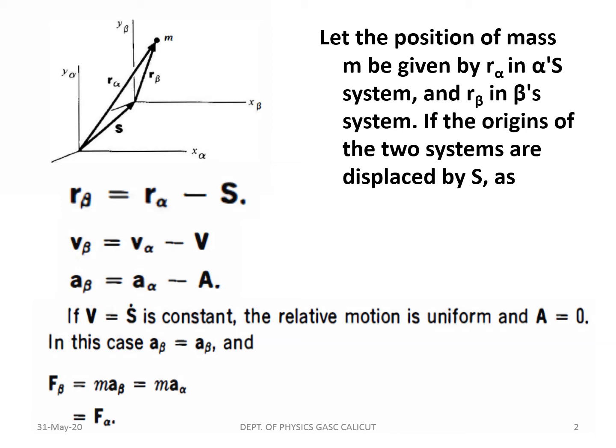Suppose the acceleration capital A is not 0. Then the force measured in the second frame will be ma, the force measured in the first frame, minus m into capital A, which is not 0. So the apparent force in the second, accelerated frame will be lesser than the force measured in the rest frame.